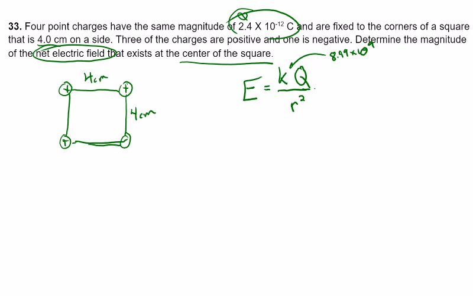As I do this particular problem, I'm looking for the very center of this square. So the R is going to be how far it is from a corner to that center.